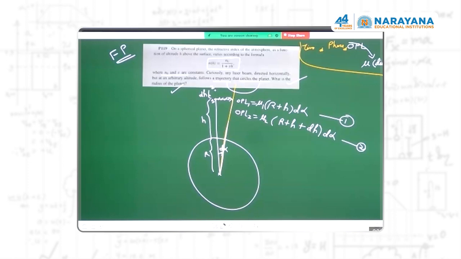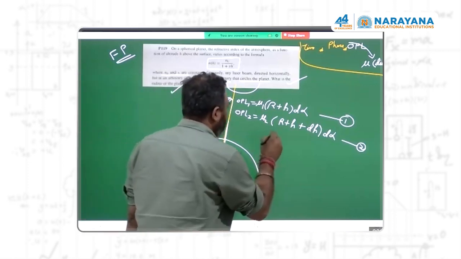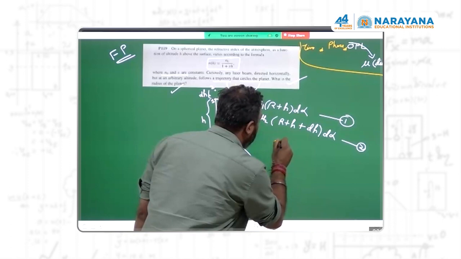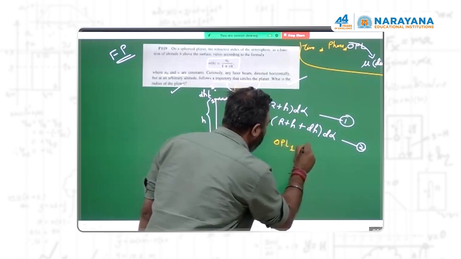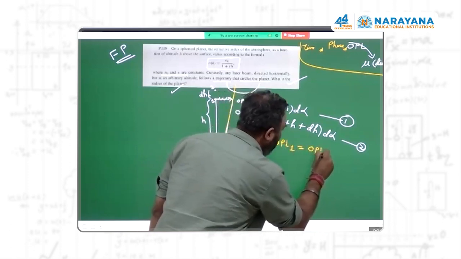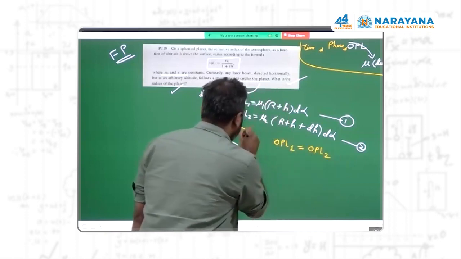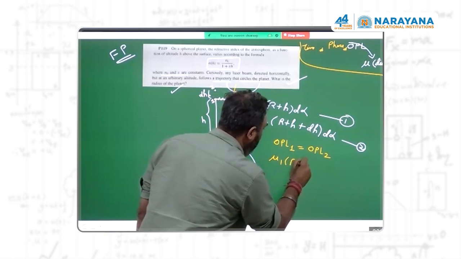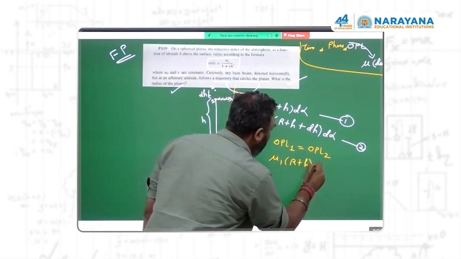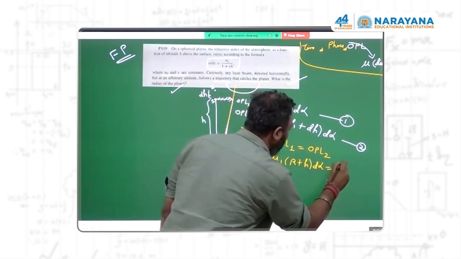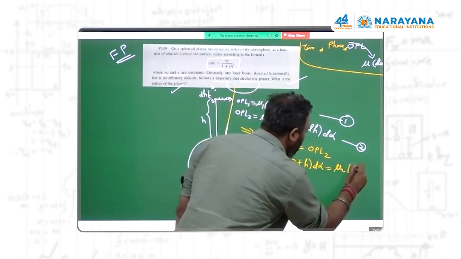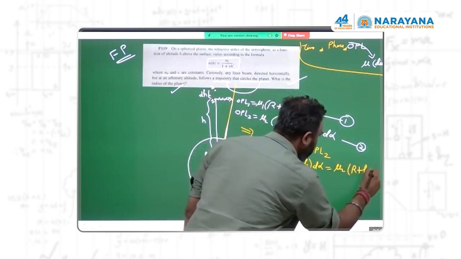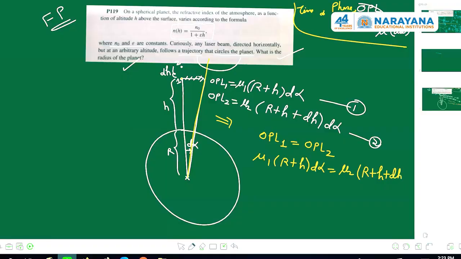Now it is simple. If we can justify that for them to move in a circular path, optical path length 1 becomes equal to optical path length 2, my purpose is solved. That makes mu1 into r plus h into d alpha equal to mu2 into r plus h plus dh into d alpha. This term will obviously cancel out.